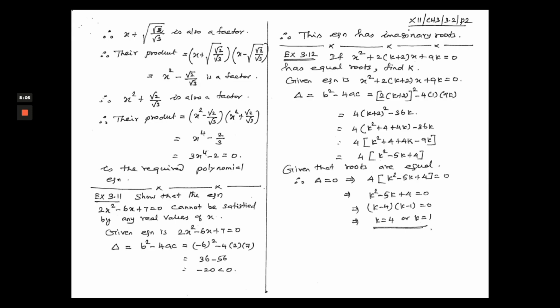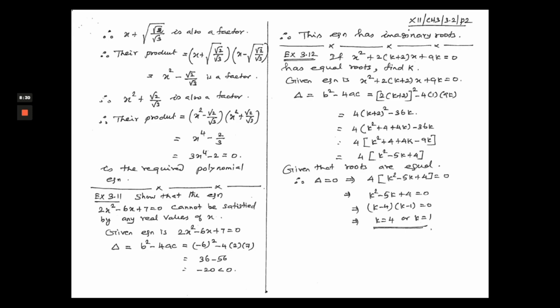We need to find the nature of roots. Given that 2x squared minus 6x plus 7 is equal to 0, delta is equal to b squared minus 4ac. Here b is minus 6 whole squared minus 4, a is 2, c is 7. So 36 minus 56 is equal to minus 20, which is less than 0.